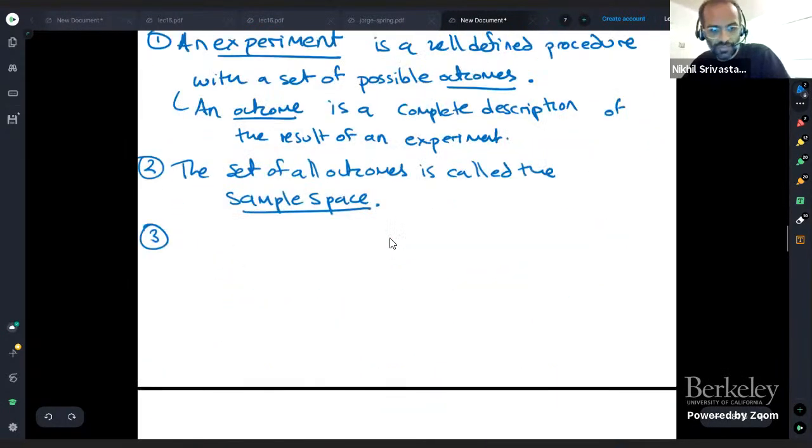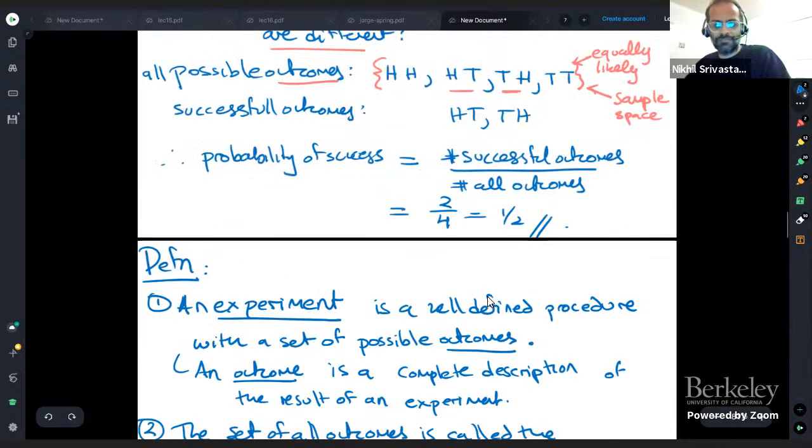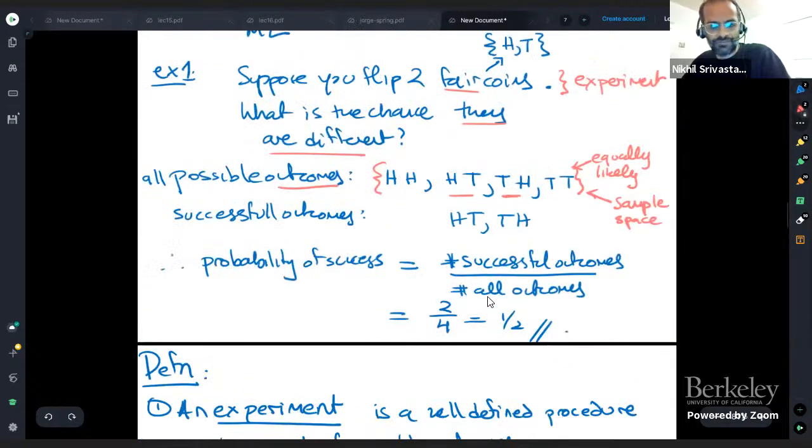So this is just terminology. An event is a subset of the sample space. So in this example, let's call this sample space S, and then this is an event, E. This is a particular event. There could be other events.